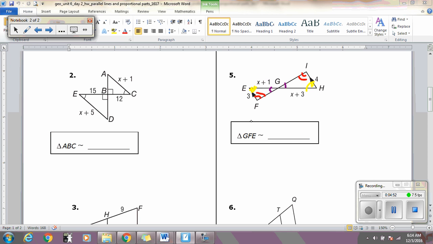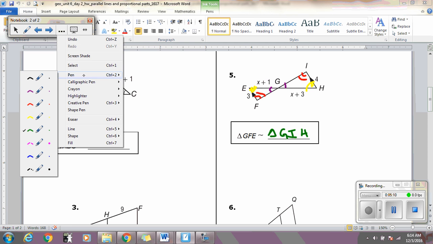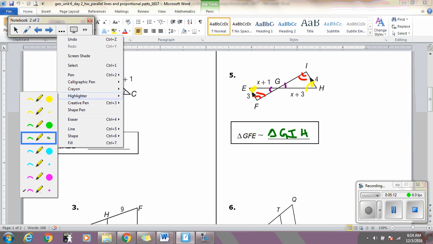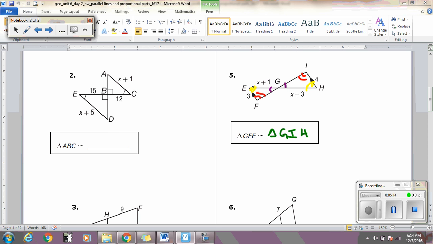So the first triangle they list is triangle GFE, and we have to say it is similar to triangle GIH. Now that we have that, let's find out which sides correspond so we can write our proportions. So EG is like HG.